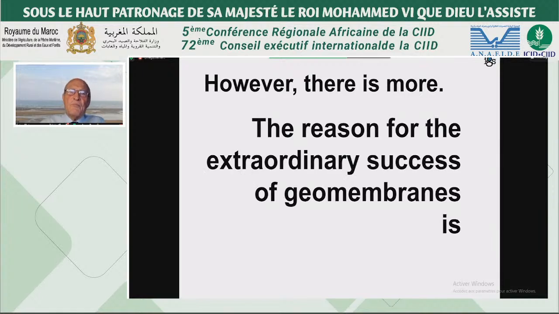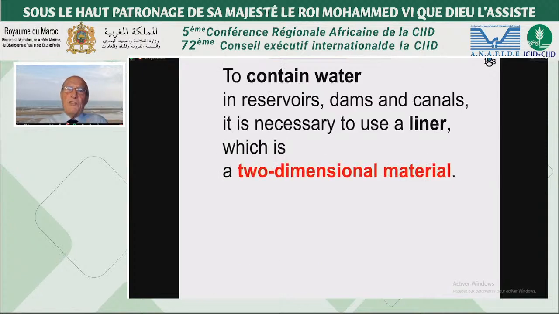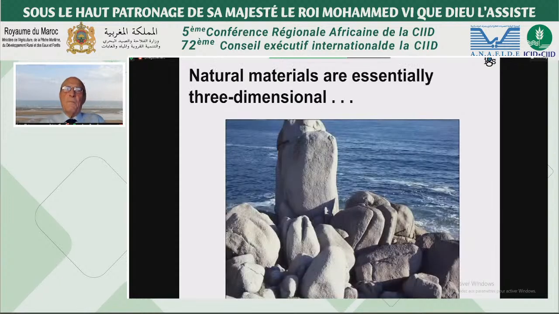The reason for the extraordinary success of geomembranes is absolutely fundamental. To contain water in reservoirs, dams, canals, it is necessary to use a liner, which is a two-dimensional material. But nature does not provide two-dimensional material.